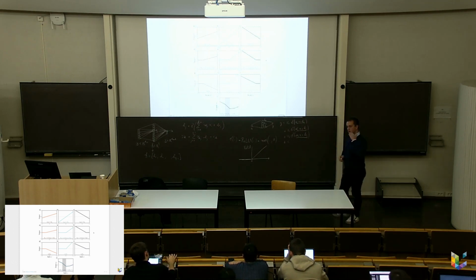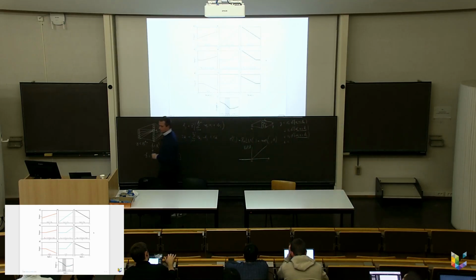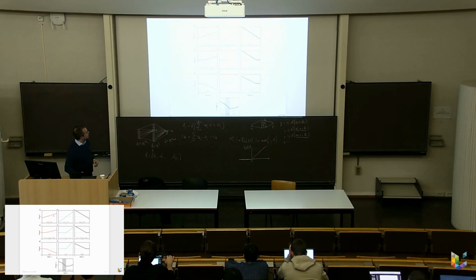Everything which is positive will pass through the activation function, and everything which is negative will be set to 0. And this is what you see here, for example. We have the positive part of the function which passed through the activation function, so it's preserved.